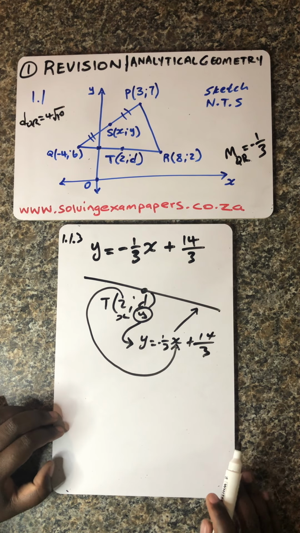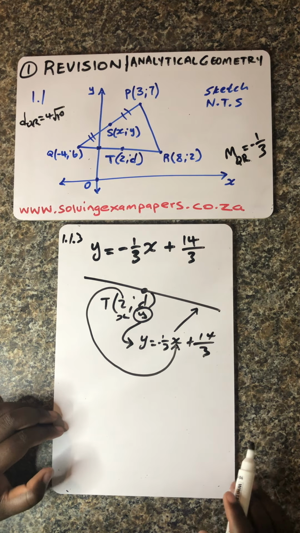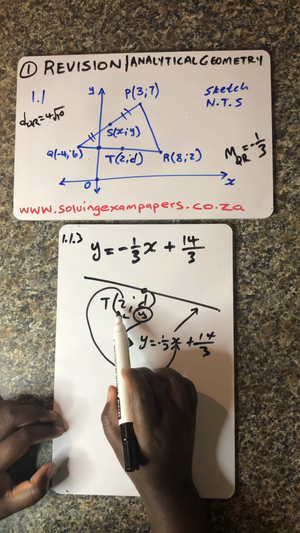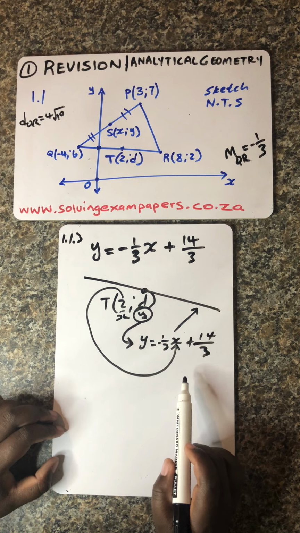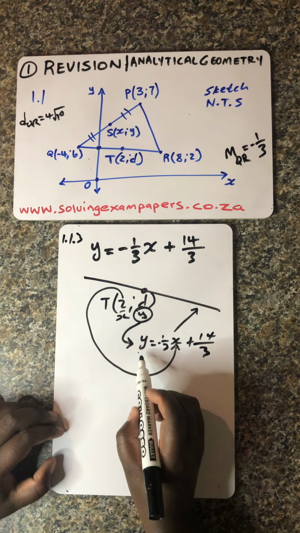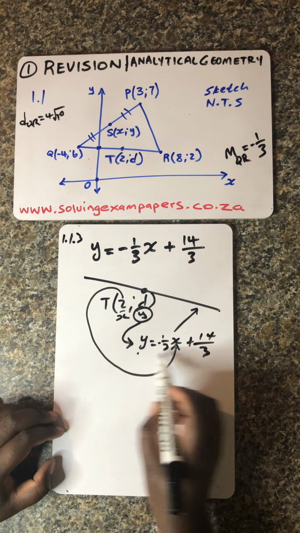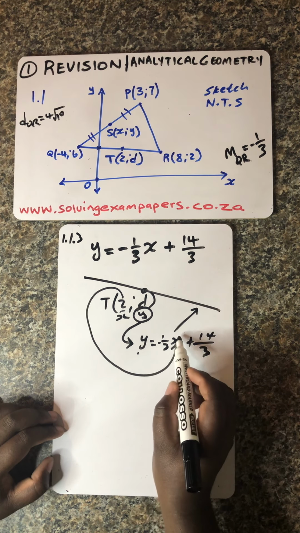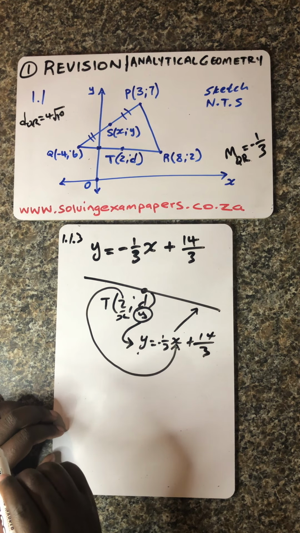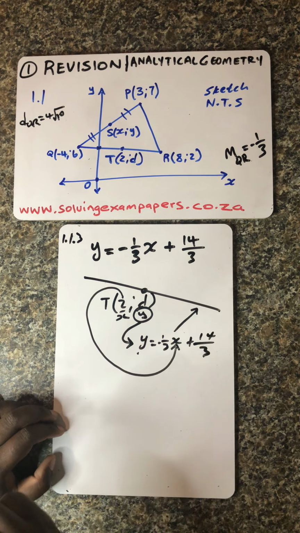Okay, so obviously, let's say for example we were given that value of D and this is just x, that the D value is going to be our y value, which we substitute into this equation to calculate x, which was going to be the x value of that point. But in this case, we're given the x value.